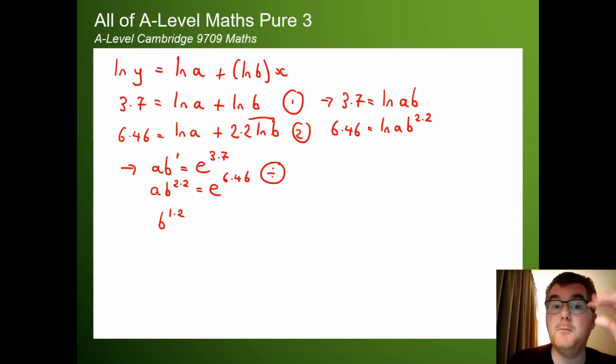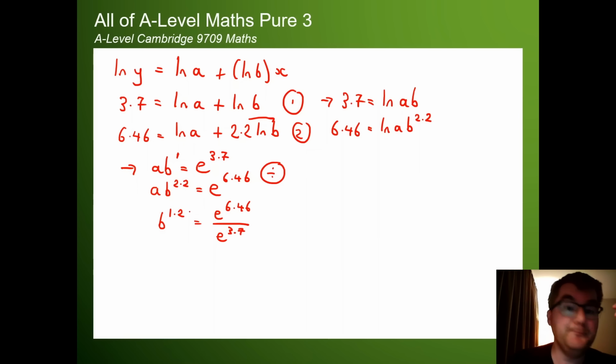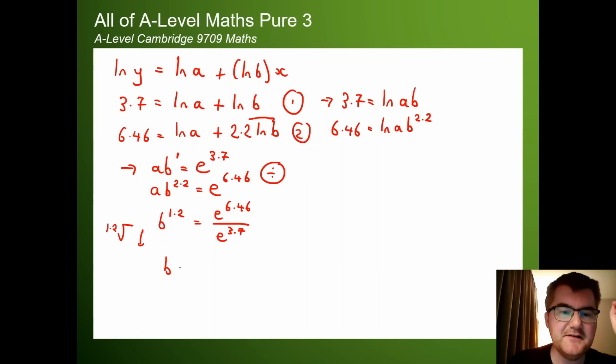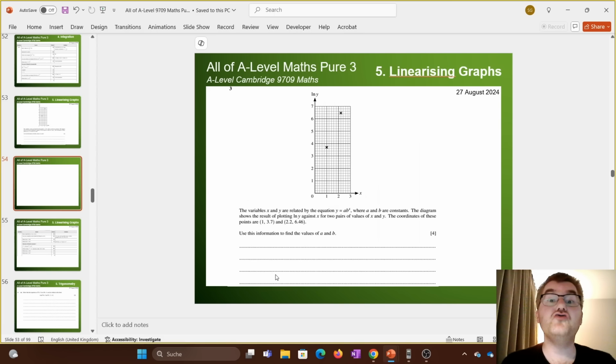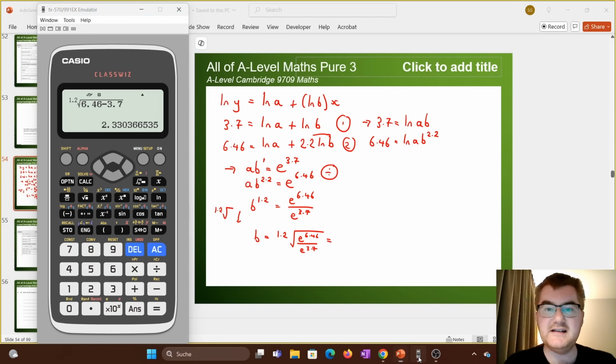Notice with indices, you're subtracting them, equals e to the power of 6.46 divided by e to the power of 3.7. And of course, with roots, that's absolutely fine. We can take the 1.2th root of both sides. That gives us b as the 1.2th root of e to the power of 6.46 over e to the power of 3.7. Again, your calculator is strong enough to work all this out for you.